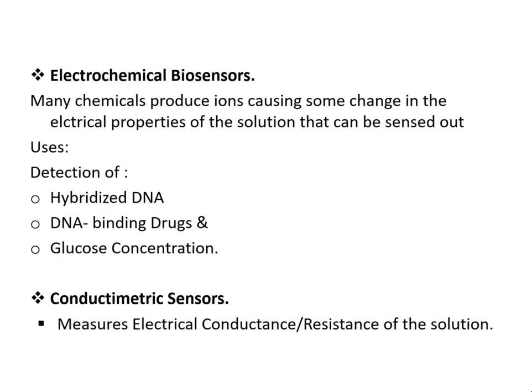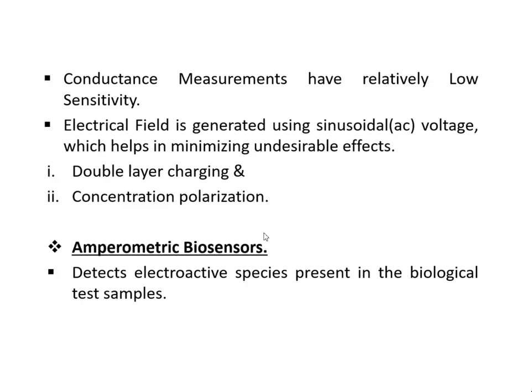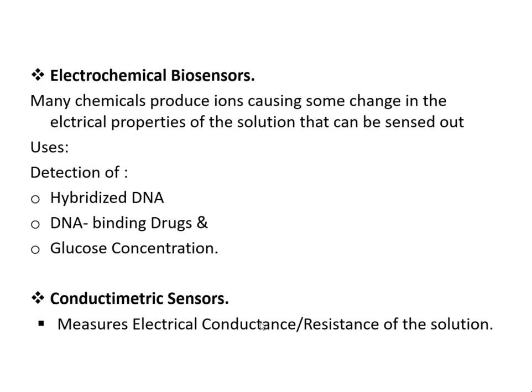Electrochemical biosensors are useful in detecting hybridized DNA, binding drugs, and glucose concentration in food material or substance. Conductometric sensors are used to measure the electrical conductance or resistance of the solution.